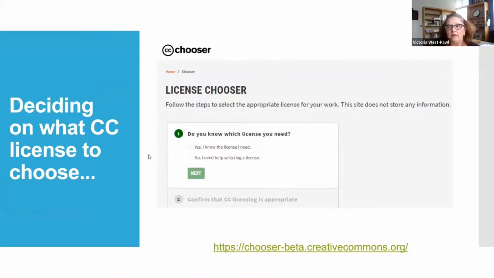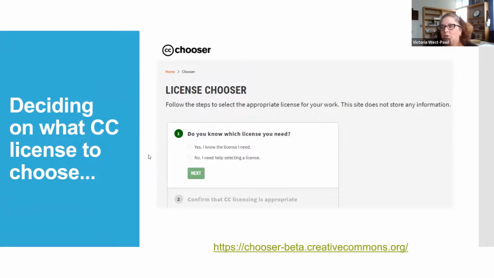All right, so for deciding what kind of Creative Commons license you want to choose for your material, there is help on the Creative Commons website, and you'll see that at the very bottom of this slide. It's called the License Chooser.